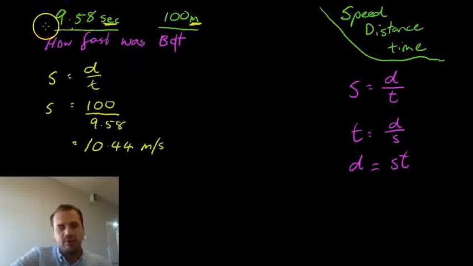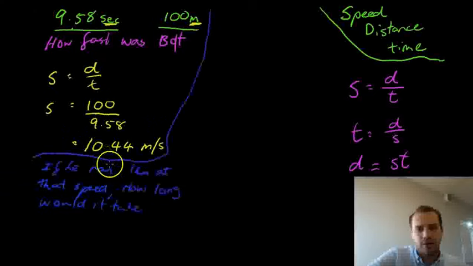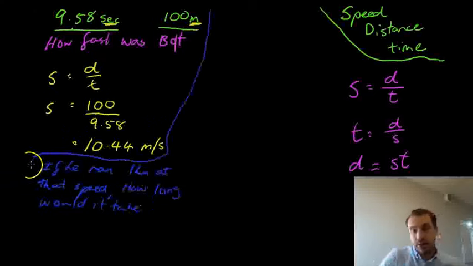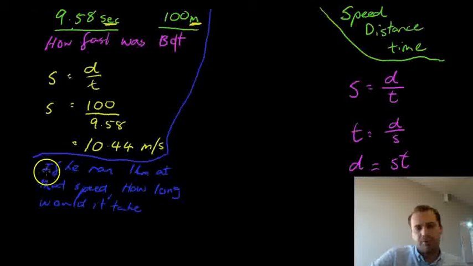Okay, we're going to do a couple more questions using Usain Bolt stuff. Here's a second question we can ask. Let's assume that Usain Bolt can keep up that same speed for a kilometre. Now, obviously that's not possible, but for the purposes of our silly maths question, let's assume it is. So he runs for 1 kilometre at a speed of 10.44 metres per second. How long would it take?